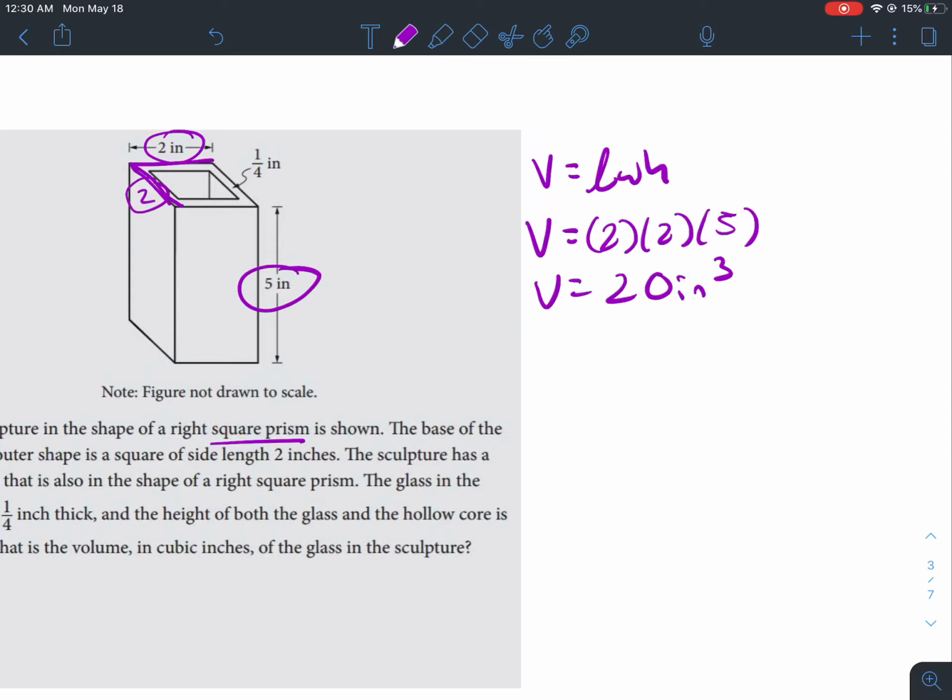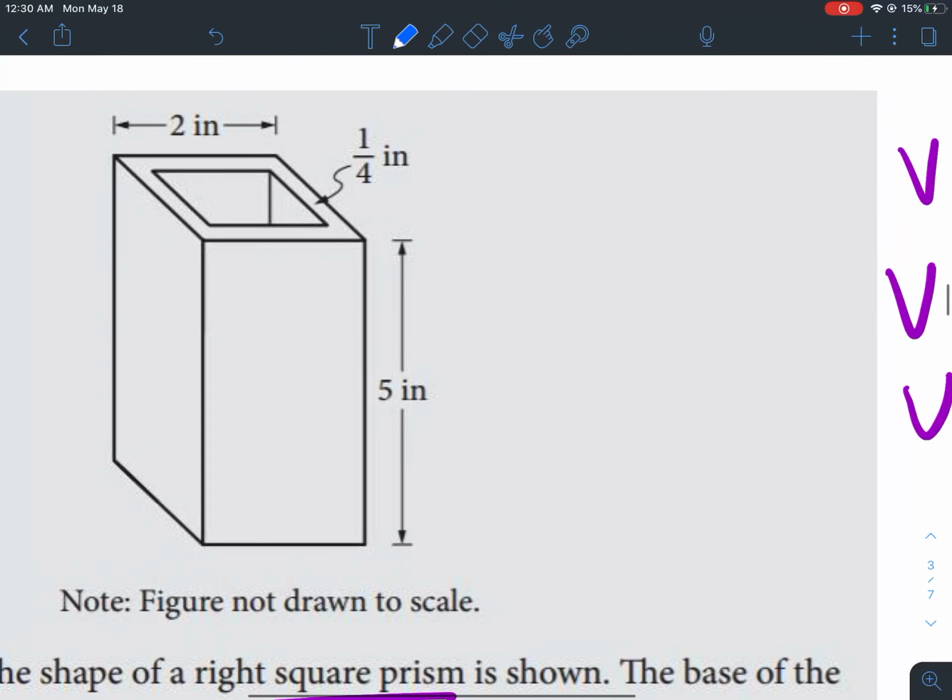But now what we're going to do is subtract out that hollow center. So we need to figure out the dimensions of this guy. Well, we know that this is 1/4 of an inch all the way around, right? And if the entire thing is 2, and we've got that 1/4 of an inch coming out on both sides, that means that the length of this smaller hollow prism is going to be 2 minus 1/4 on this side, minus another 1/4 on this side, which ends up giving you 1.5.